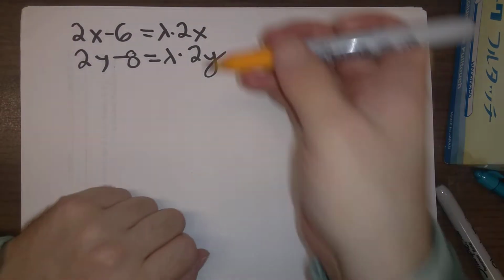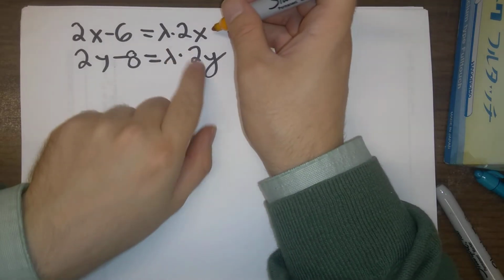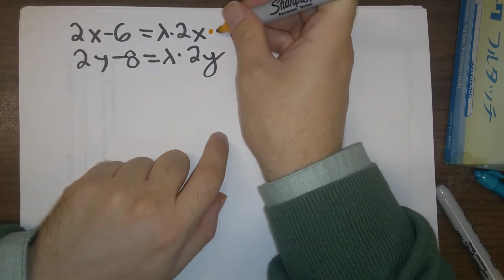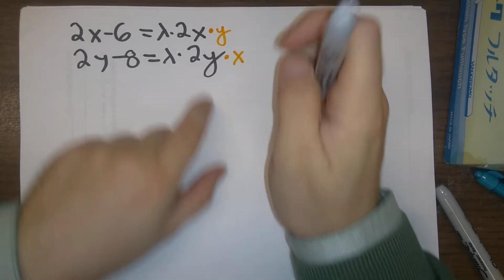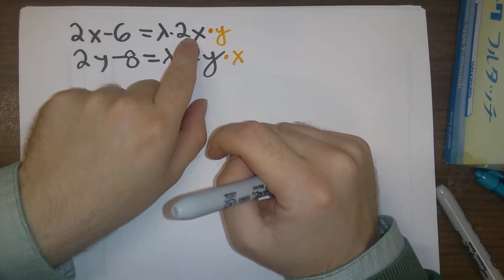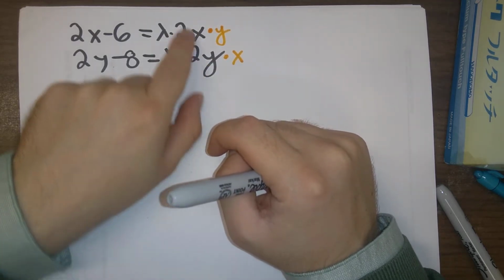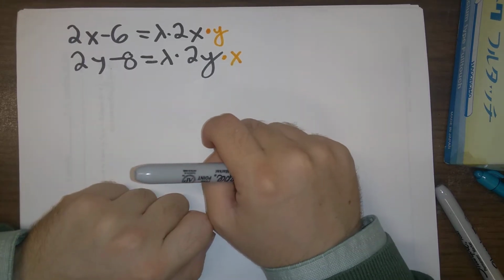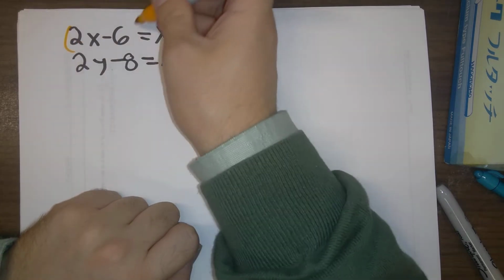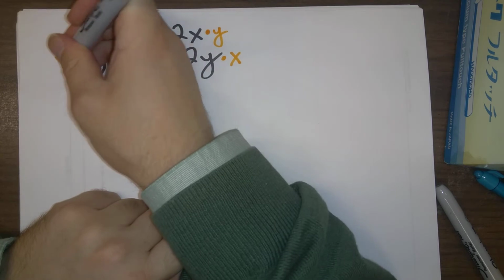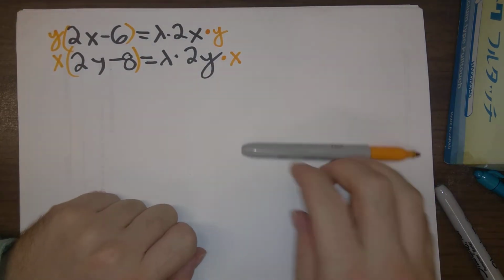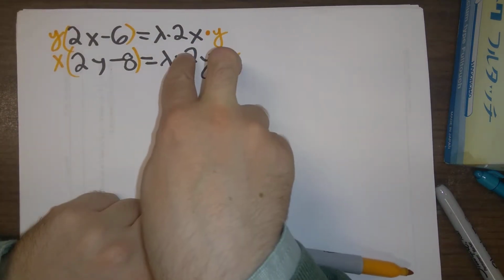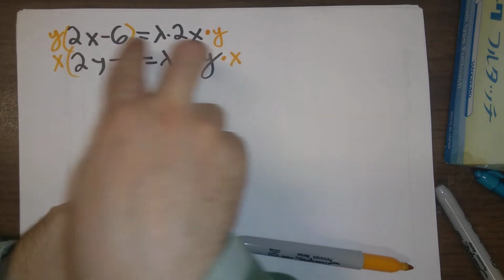As we quite often do in these problems, let's try to make these expressions look like each other. So we multiply this by y and this by x. They are going to have the same right sides. Of course, we have to do the same thing to the left.